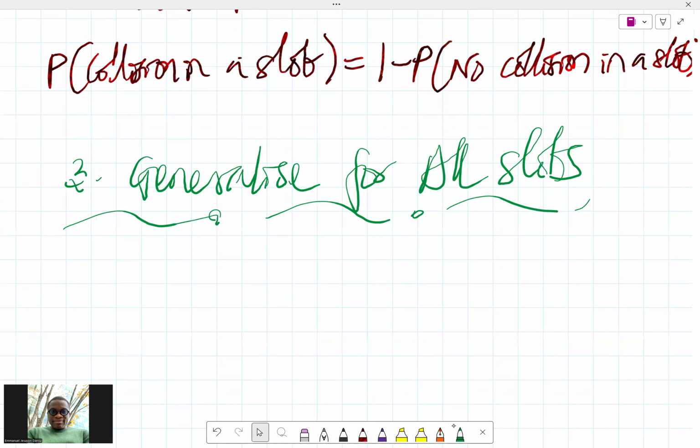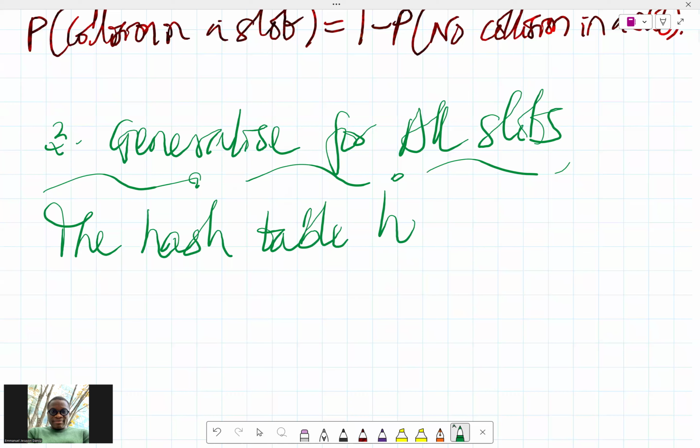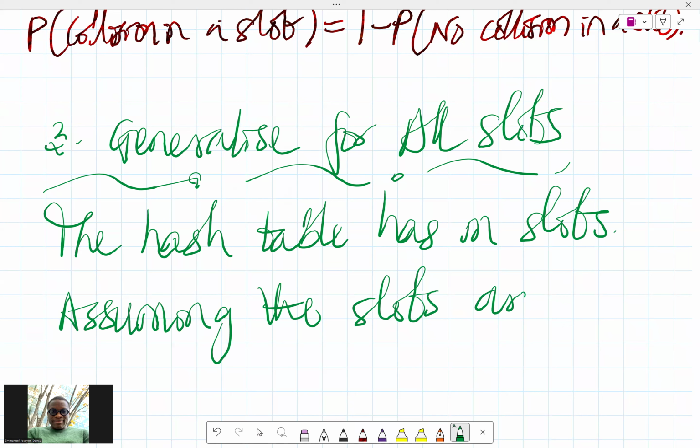The way to do that is that the hash table has m slots, assuming the slots are independent.